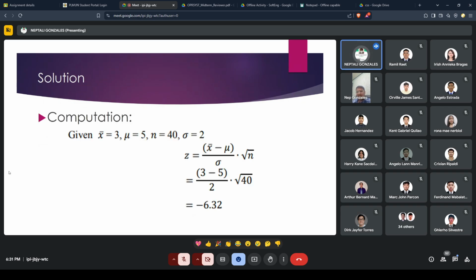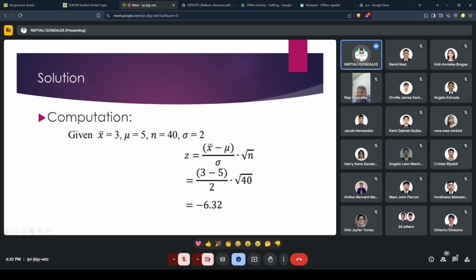Now, for the computation, given your sample mean of 3 years from the earlier data, with 40 toy cars, and the claimed population mean of 5 years, the number of samples is 40, and the standard deviation is 2 years. It is also given. So all you have to do is to substitute all of these in the formula. We will compute for the Z.